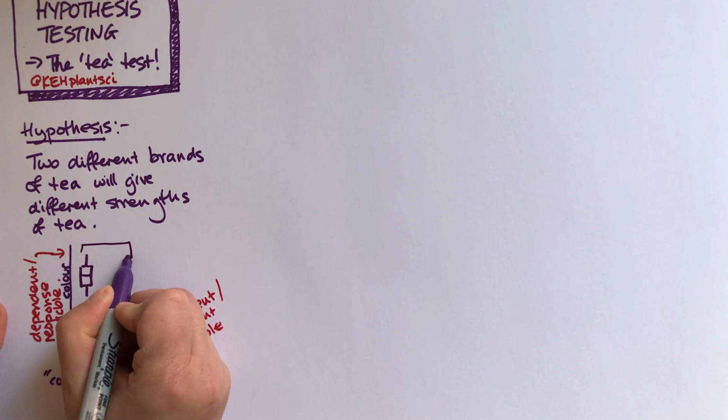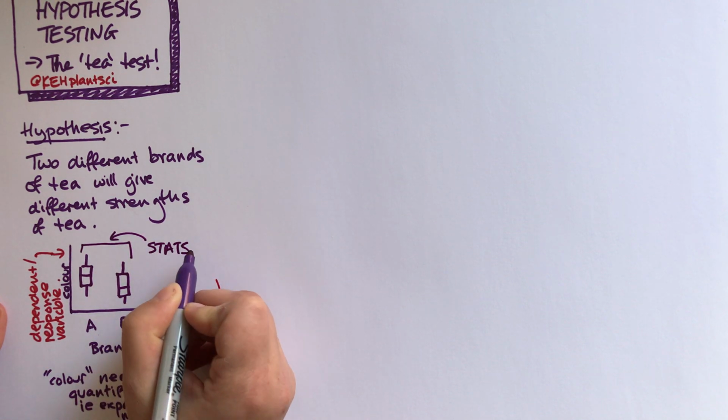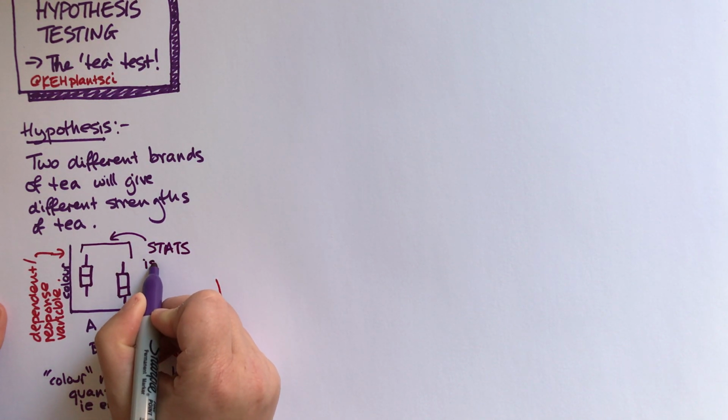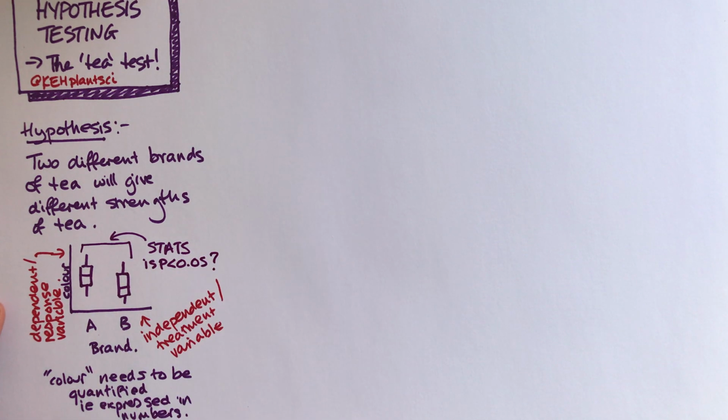I can then do some sort of statistical test and ask, is P less than 0.05? If it is, then it's significant. If it's greater than 0.05, then it's not significant.